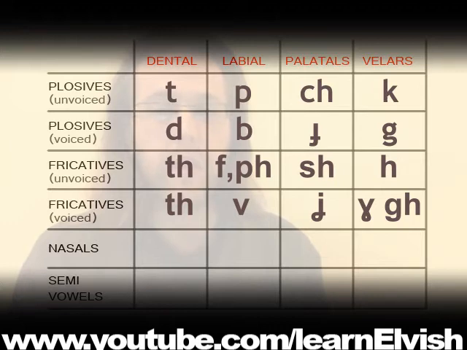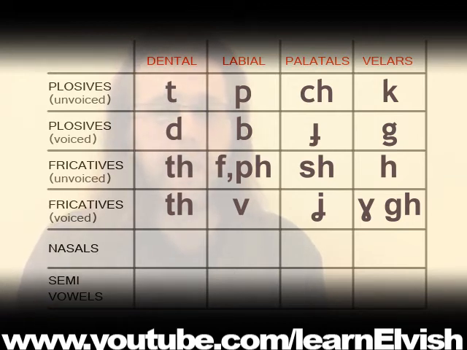Just think of the words ghost or gherkin, and the H is not pronounced. So the voiced velar fricative does produce this H. So if we were to say those words again using this phoneme, it would become ghost or gherkin.